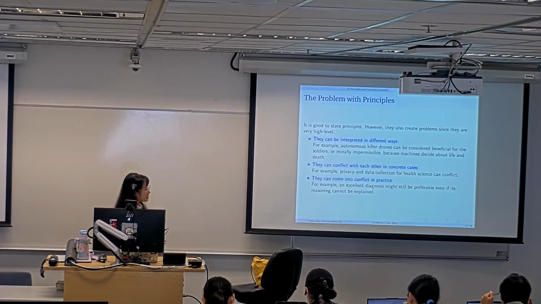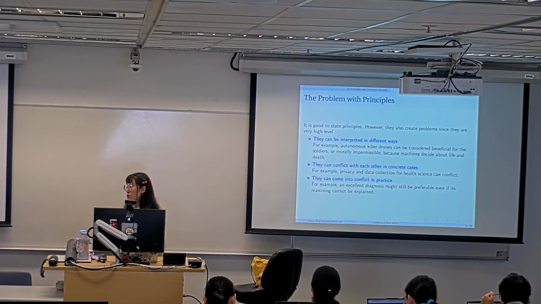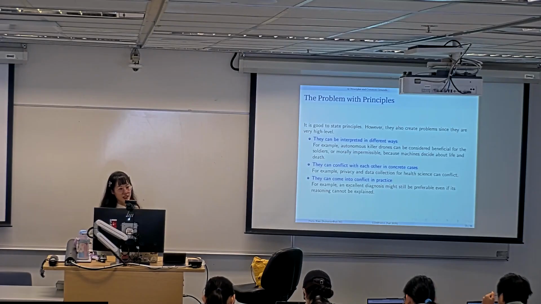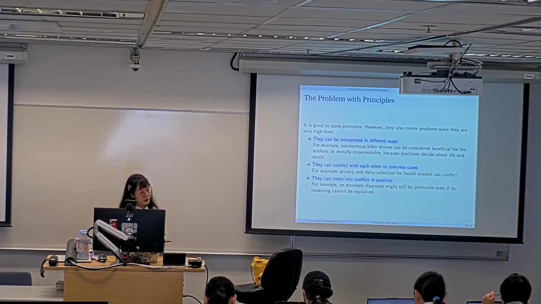But even in this case, maybe we still prefer such a diagnosis system because the performance is really good. Even though no one can explain it, the performance is really good. And if we use such a diagnosis system, we can save the lives of patients. In this case, it seems that we just miss such conflict. But actually, there are many dilemmas, many contradictory cases if we consider the principles.